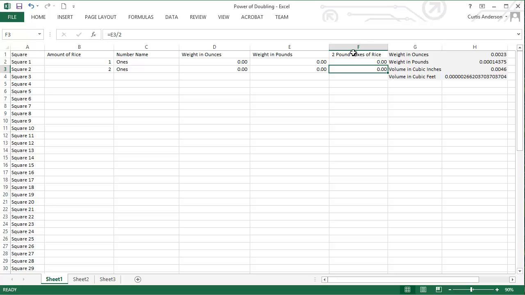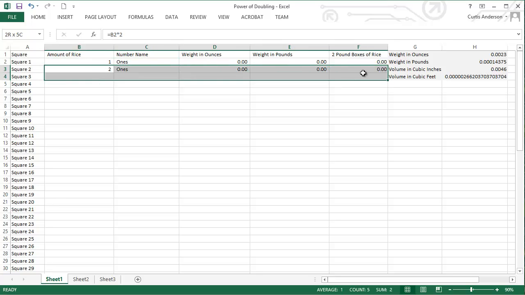And then 2-pound boxes of rice: taking the total weight and dividing it by 2. So for every 2 pounds of rice, that equals 1 box. And I picked that because I went down to my cabinet and said, okay, this is a standard size box of rice.